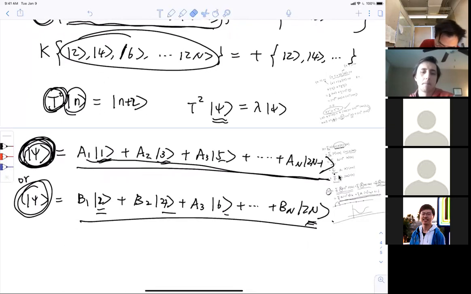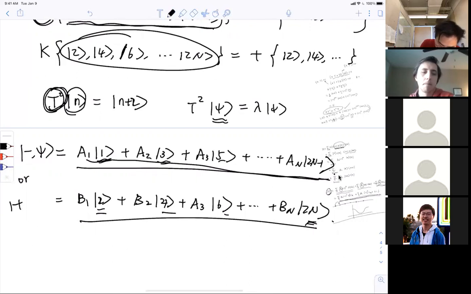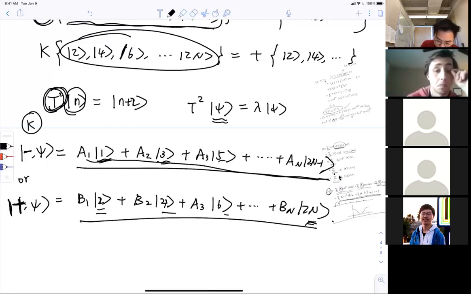Let's label this as minus psi and this as plus psi. This minus or plus corresponds to the eigenvalue for k. K acting on this guy would give us a minus sign, and k acting on this plus psi would give us a plus sign.